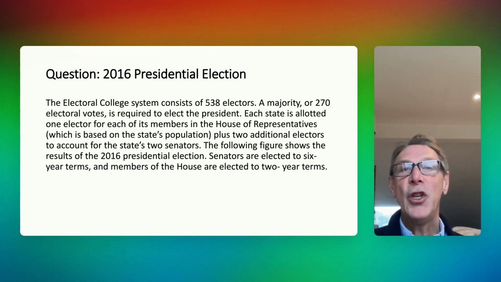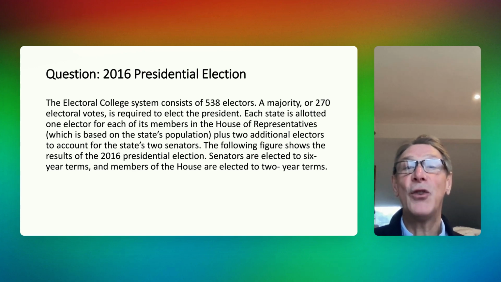As a result, you will have more members of the House of Representatives than if you are a small state like Vermont. So you'll have more House of Representatives coming from California. So the electoral college for California will have more people than Vermont. But Vermont has 2 senators and every state has 2 senators. So the additional 2 electors, everyone will get the additional 2.